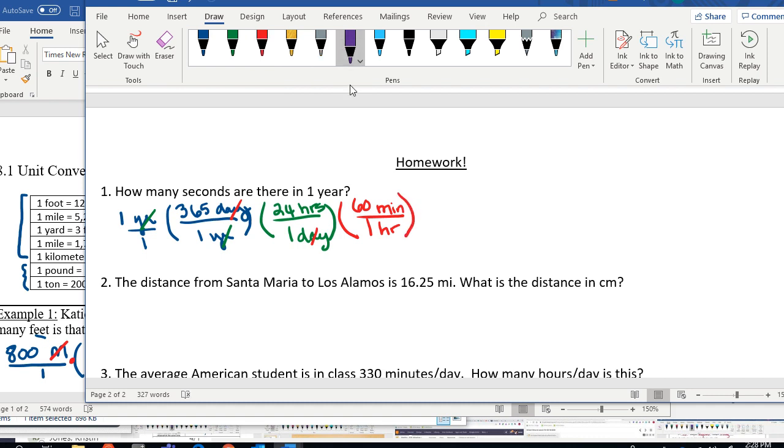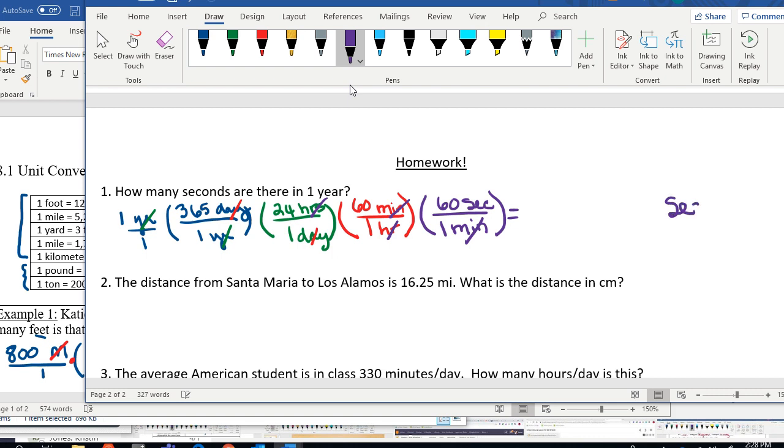And now our hours canceled, and we're going to have to get minutes now to seconds. So 1 minute is 60 seconds. All right, now our minutes cancel. I'm done as far as having to do something.